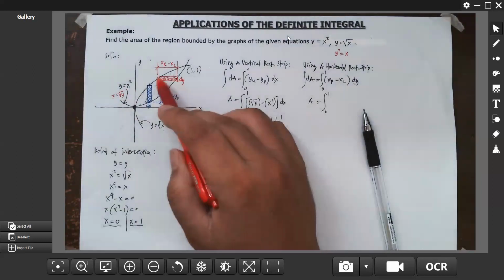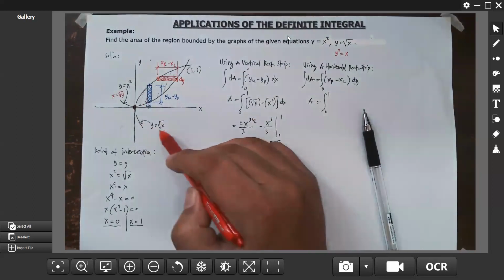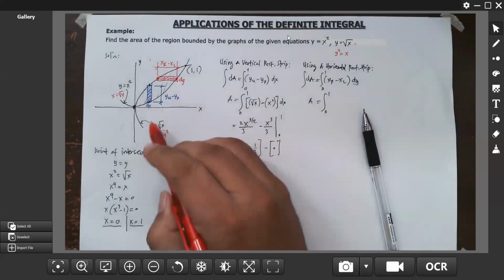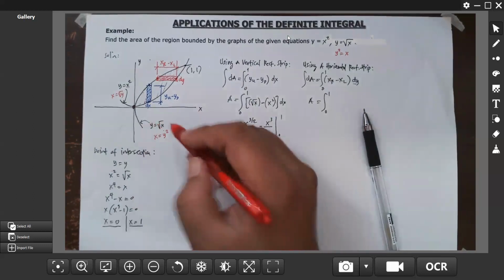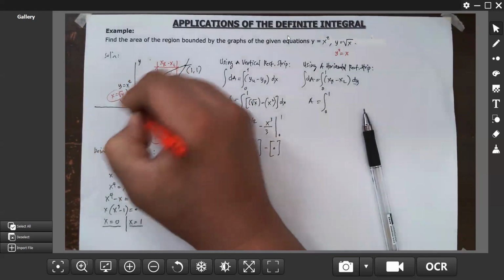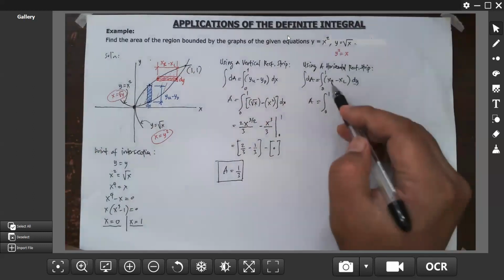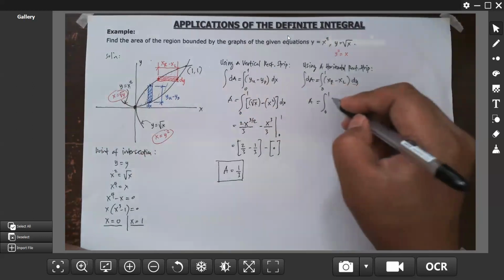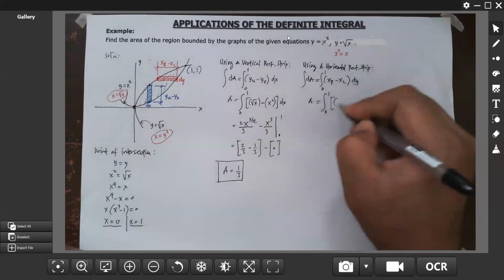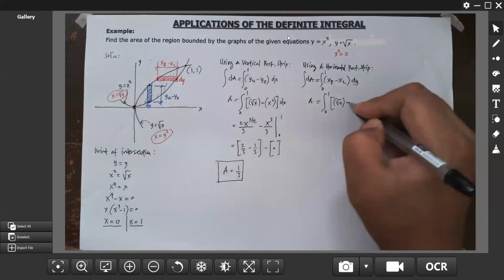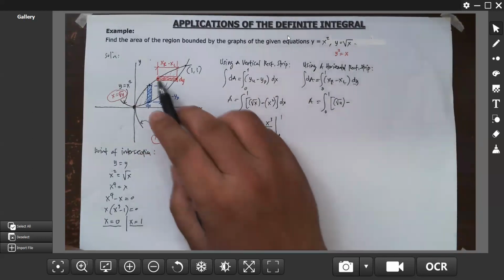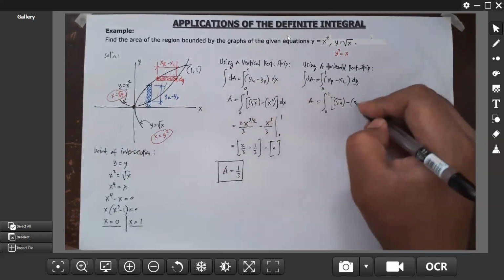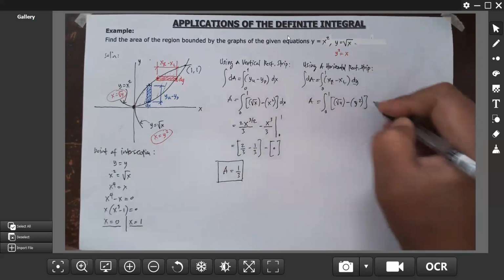While for x left, our left has this equation. How do you solve for x? So x is y squared. You square both sides, y squared. So we have this and then this. So x right has square root of y, minus x sub L left, y squared.